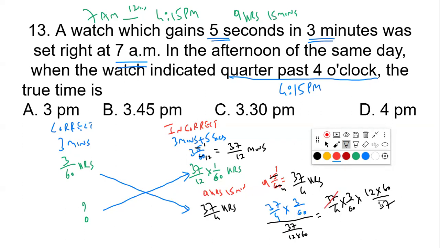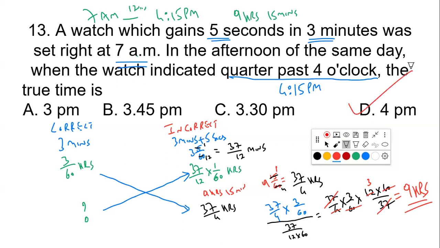So cancel out 37, 37, cancel out 60, 60, cancel out 4, will go 3. So exactly how many hours is it running? 9 hours. The true time is running 9 hours from 7 a.m. If you count 9 hours from 7 a.m., the time is exactly 4 p.m.